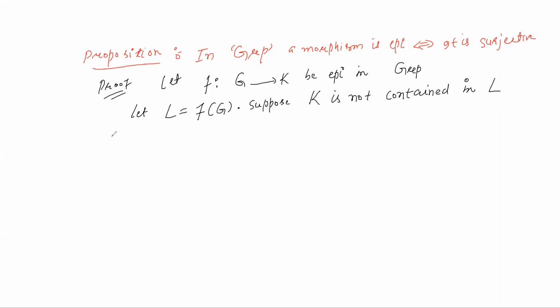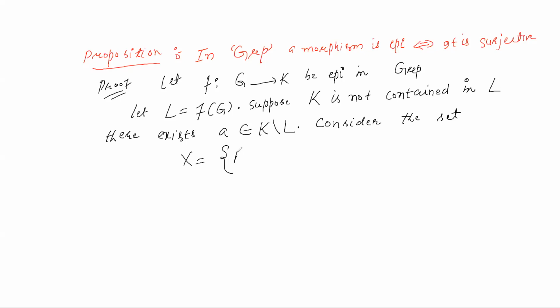Then there exists a belonging to K minus L. That is, a is in K, but it is not in L. Okay, now consider the set X equal to this set of elements.